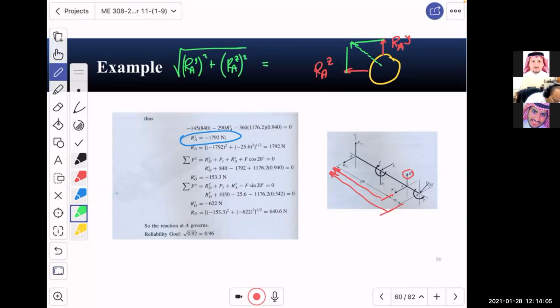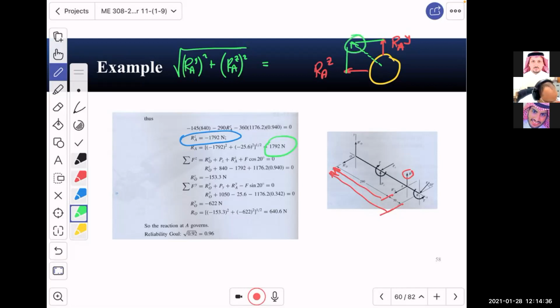And what do we get? We get 1,792. That's it. I don't care what this angle is. Bearing is a circle. You push it from any other direction, it doesn't matter. What I need is the magnitude, the maximum, not RA along the Y or RA along the Z. This is just for us to make the calculation. The true force is this one.